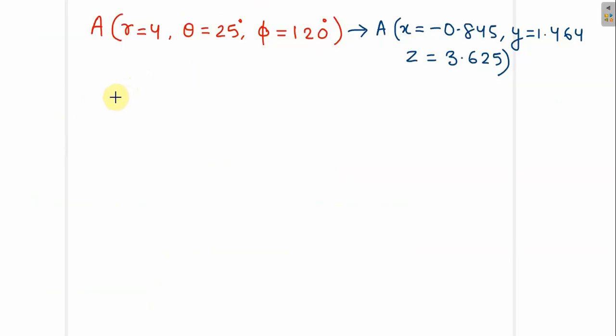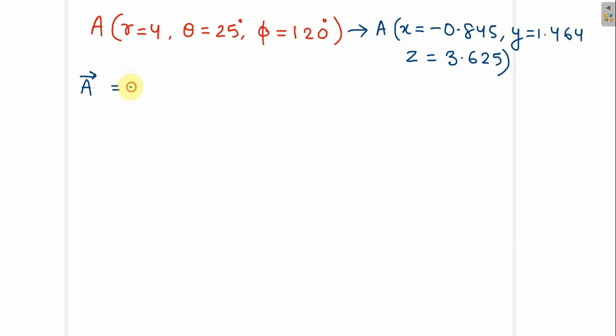So we will first write it in the form of vectors, okay. So let's say your A vector will be how much? Just ax, ay and az we have to put and write it in the vector form. These are the magnitudes which we have calculated just now.